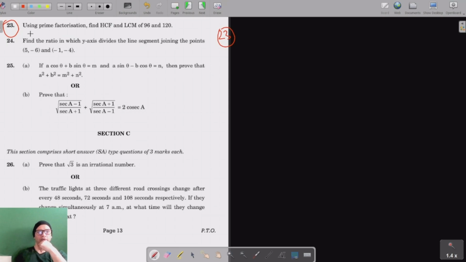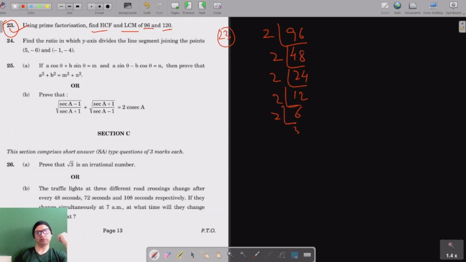For question number 23, we're using the prime factorization. We have to find the HCF and LCM of 96 and 120. So let's prime factorize 96. This is 2, 4, 8, 24, 12, 2, 6, 2, 3. Now 120 is 2 into 60, 2 into 30, 2 into 15, and 3 into 5.